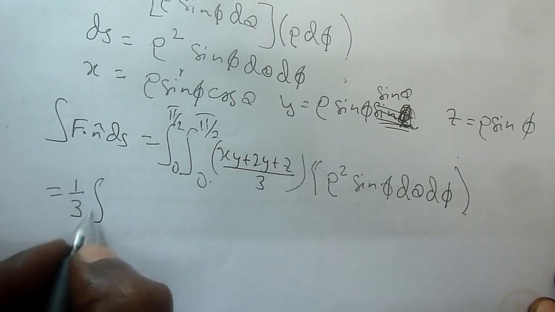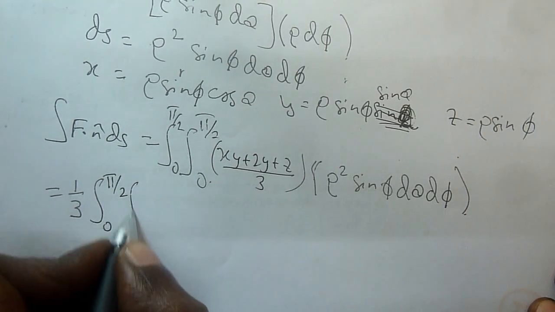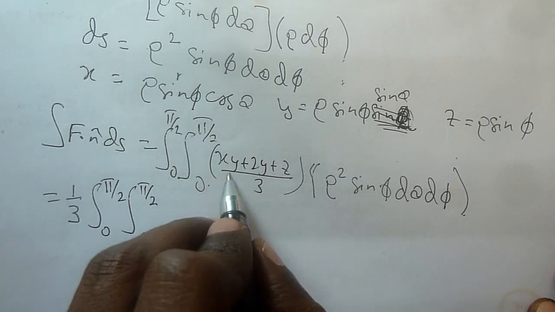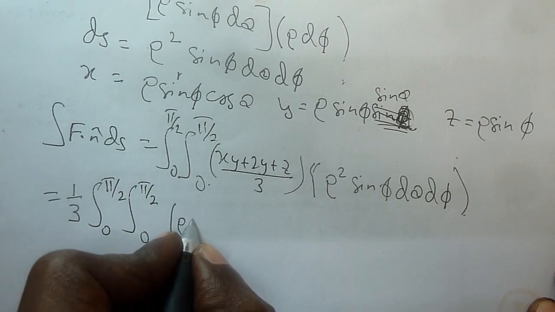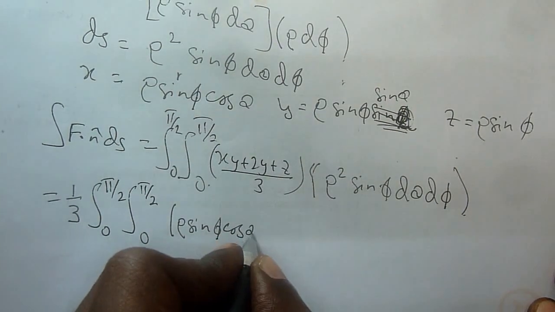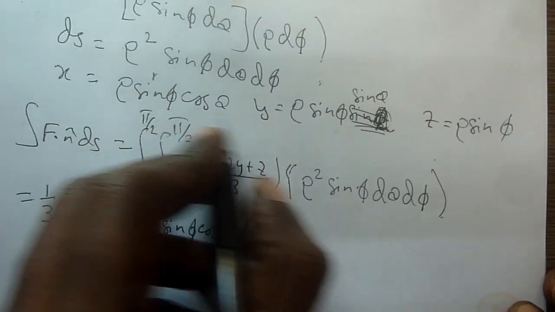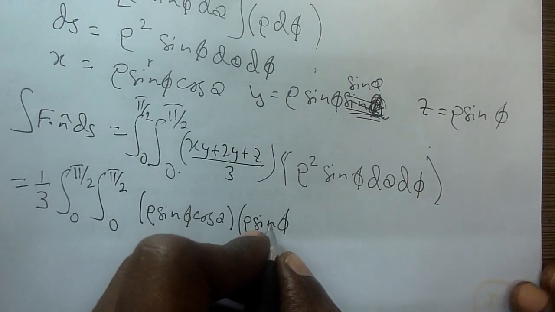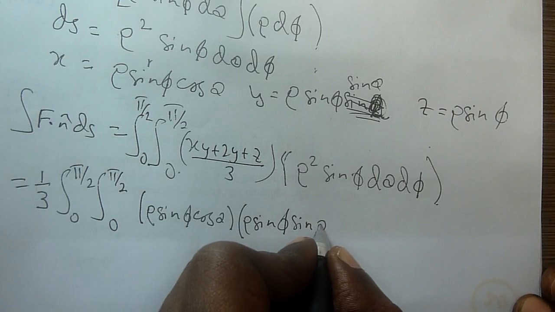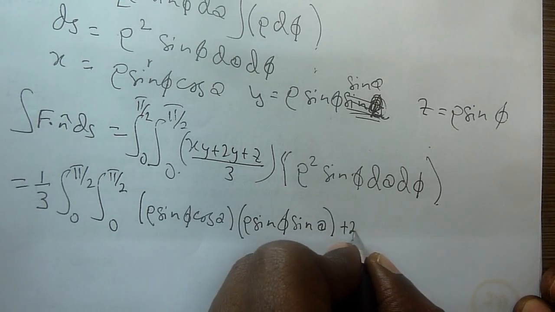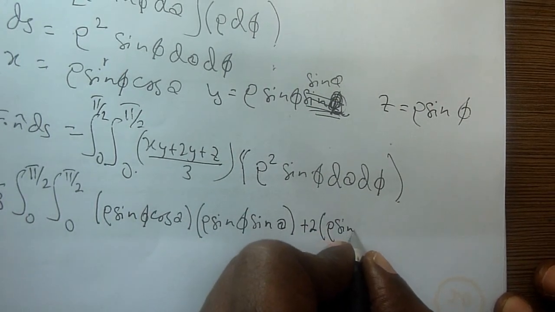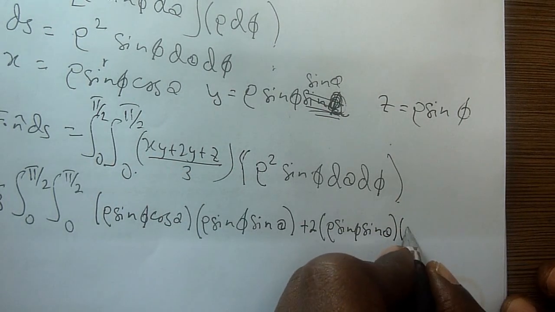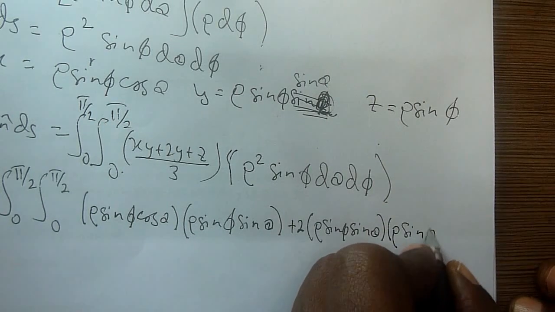A little bit of tolerance is required here. x, y looks very complex. x is rho sine phi cos theta. y is rho sine phi sine theta, and plus 2y is 2 rho sine phi sine theta. Then z is rho sine phi.